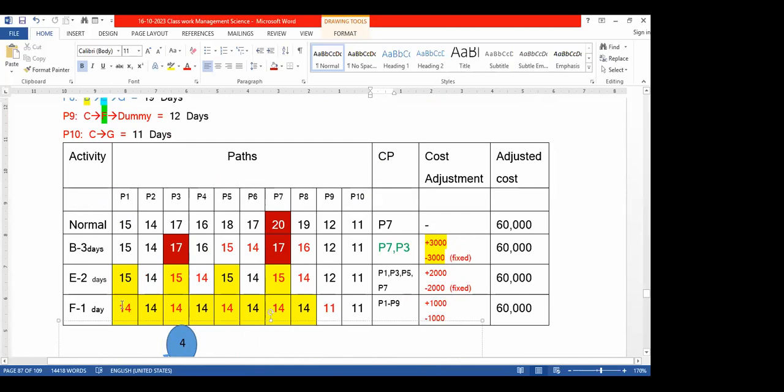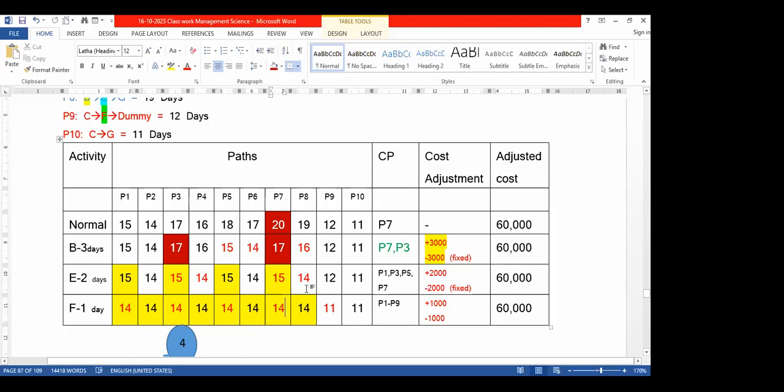1 day, so therefore here 15 F is there in up to 8 paths, right? 15 minus 1 day, 14, no changes. 15 minus 1, 14, there is no change. 15 minus 1, 14.